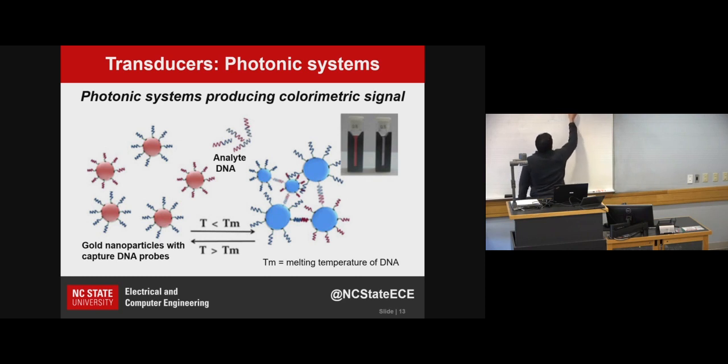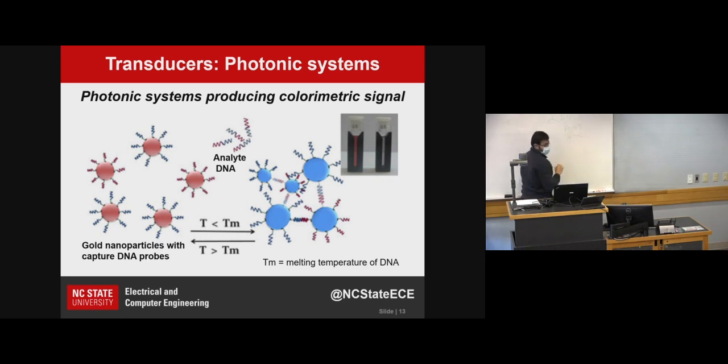A, T, G, and C. A interacts with T and G interacts with C. A will only interact with T and G will only interact with C. And this is why the complementary DNA, the only one that will interact with this will be T, A, C, and G.